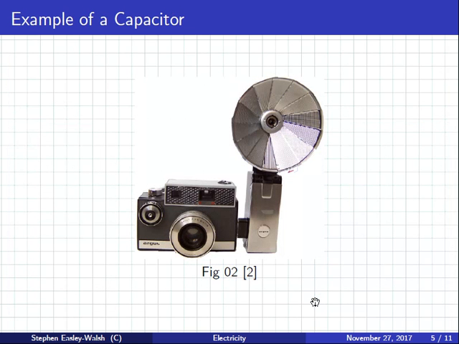So here's an example of why a capacitor is useful. Here's an old example. A capacitor can hold the charge and then suddenly release the charge at once. So here's one example of using a capacitor to make a bright, short flash of a camera. What is another example of using a capacitor?